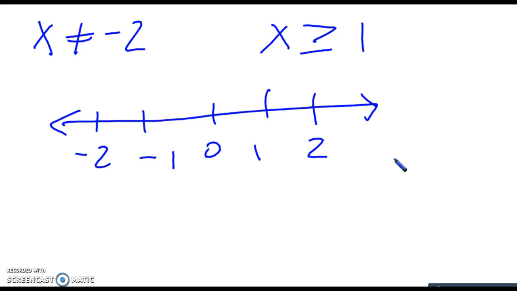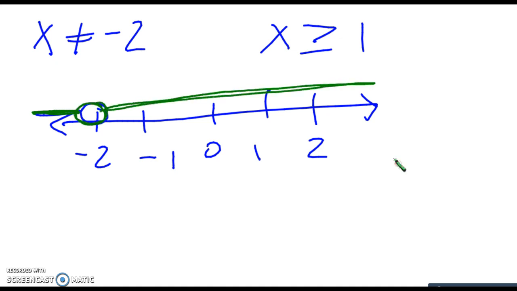All right, so x can be anything other than -2, which means my x can look like anywhere over here. Let me change the color. And all the way over here. And that's what the graph will look like of x is not equal to -2. That's what we've graphed in the green.